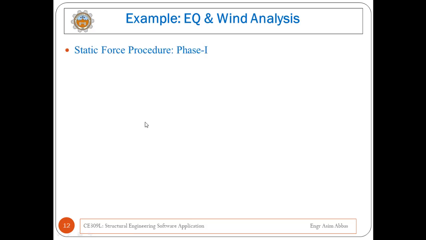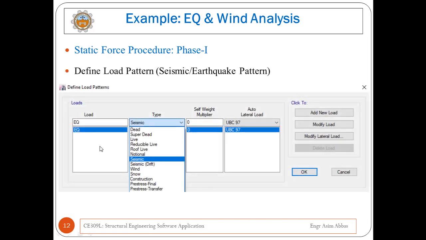Okay, in case of static force procedure for earthquake analysis, I will define load pattern for earthquake, right? So from here I will define load pattern for earthquake along x and y direction, and I will choose UBC 97 code, and in the type I will choose seismic load, right?